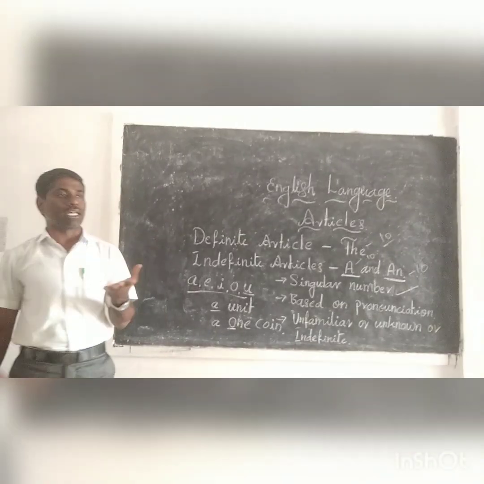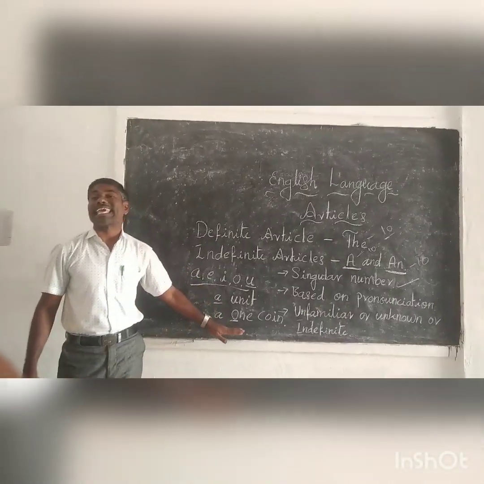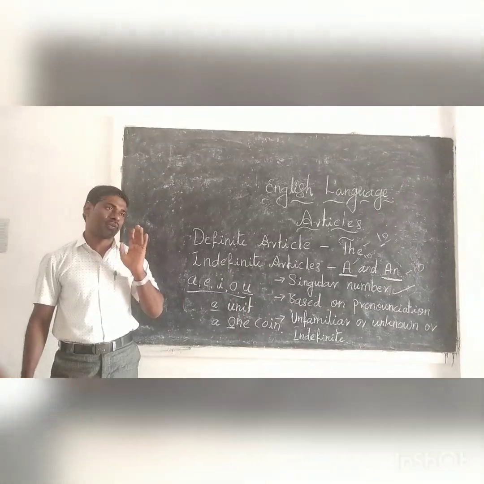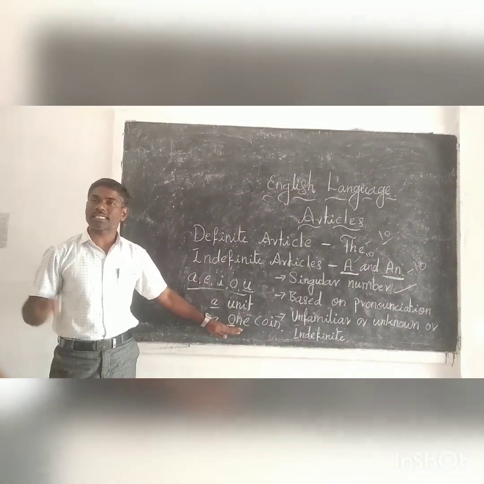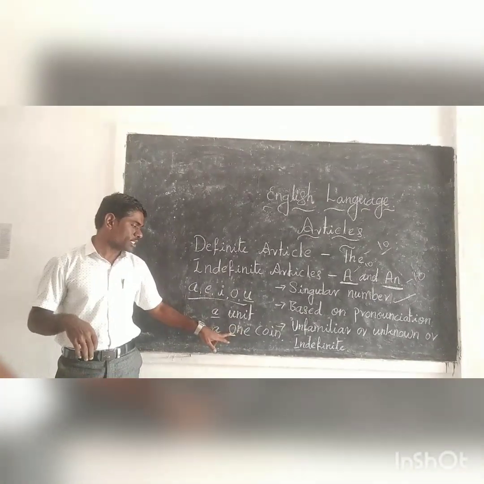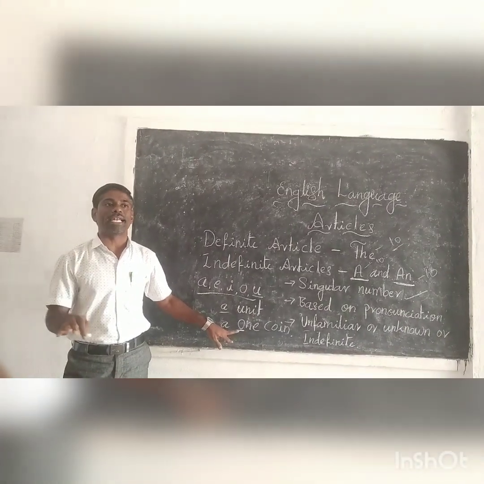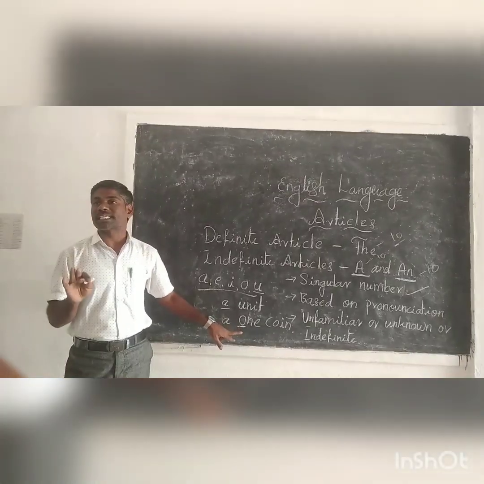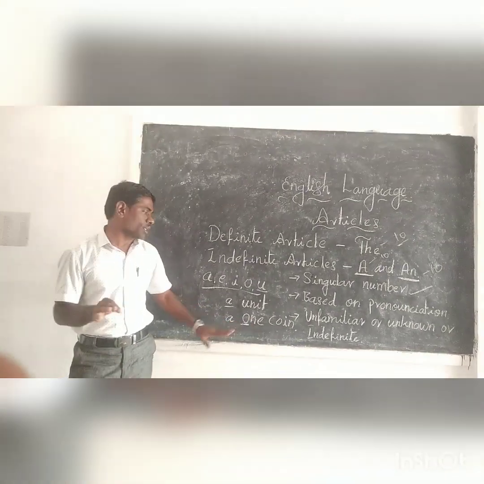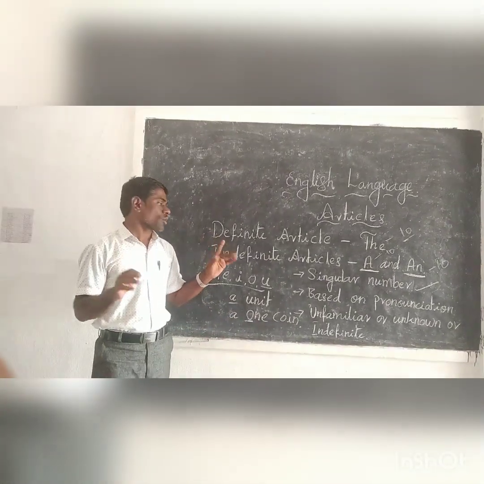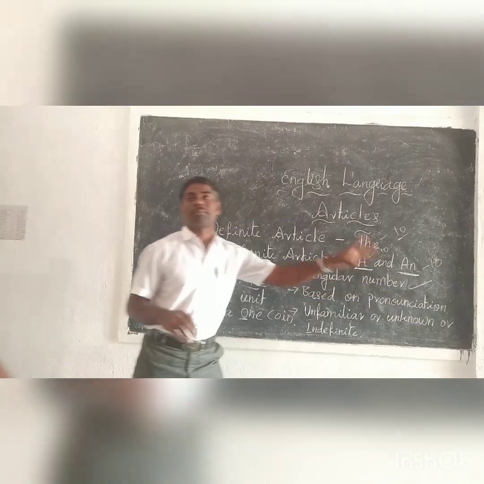A 1 rupee coin is also right, but it's not an 1 rupee coin. Because 1 starts with the vowel letter O, but the pronunciation is consonant. So that's why the focus is based on the pronunciation.